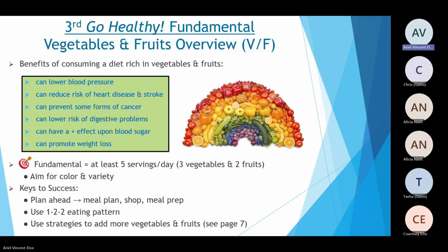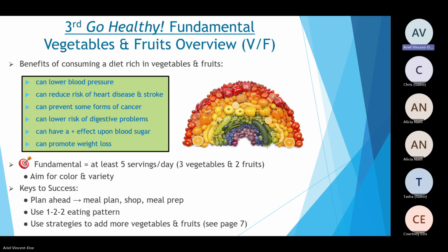All right, so now we're going to talk about that third Go Healthy fundamental, which is vegetables and fruits. There are many benefits of consuming a diet rich in vegetables and fruits. They include lowering your blood pressure, reducing the risk of heart disease and stroke, can prevent some forms of cancer, can lower the risk of digestive problems, can have a positive effect on your blood sugar, and it can promote weight loss.